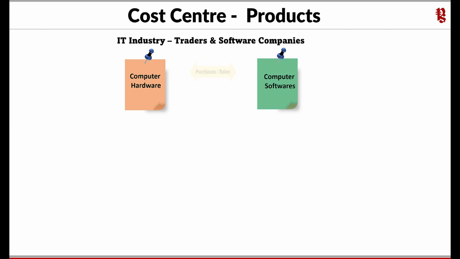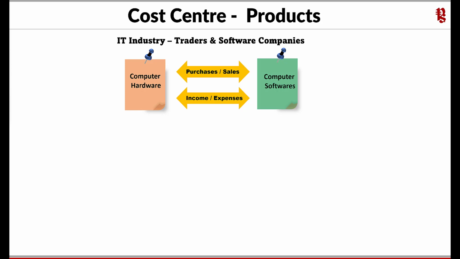In this case, the company is going to track all purchases for each of the product lines and the sales for each of the product lines, and also they will be tracking all income and expenses pertaining to these two lines of business.